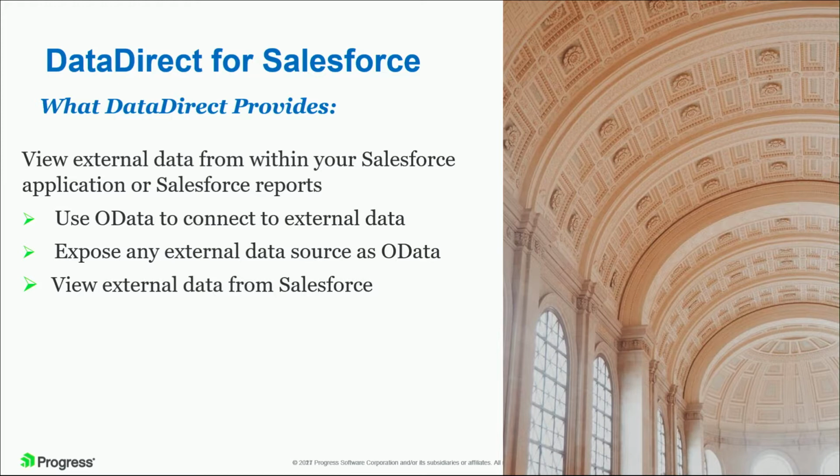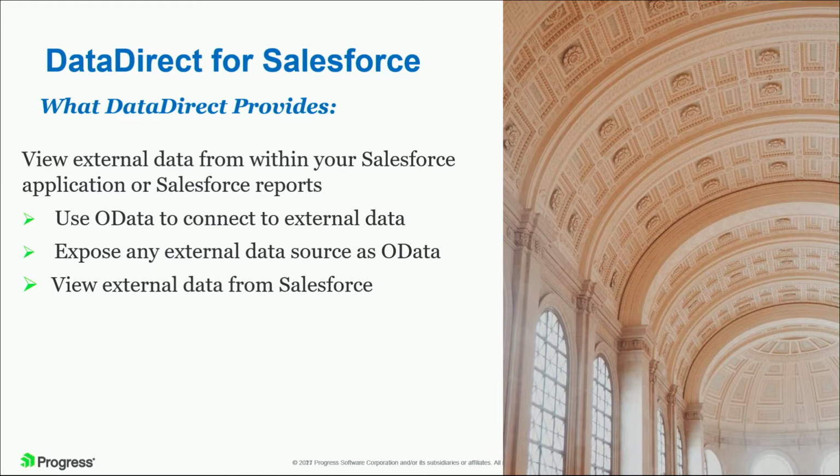This allows you to view external data from Salesforce without having to relocate and store that data in Salesforce, resulting in a huge cost savings for organizations. And for those that might not be fully familiar with OData, we're going to go a little bit into that and what it's all about within the demo portion.